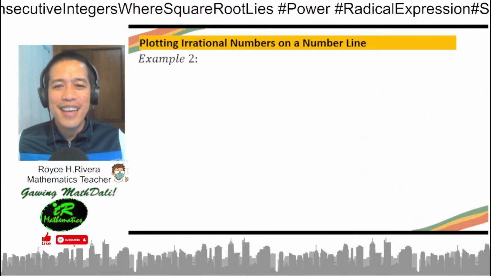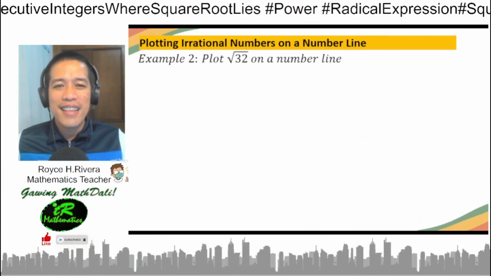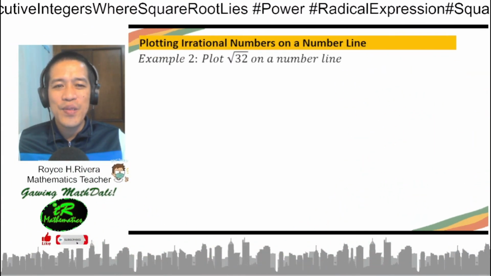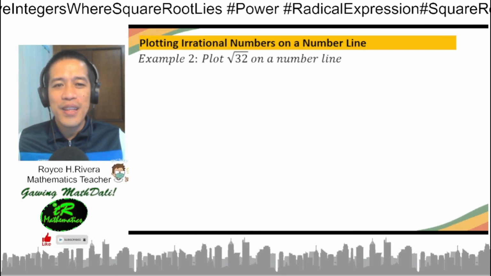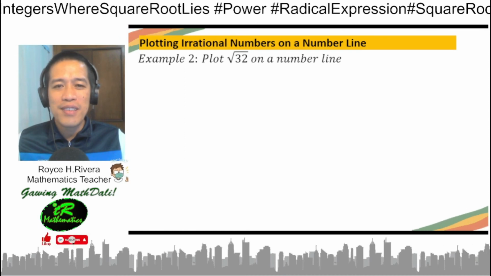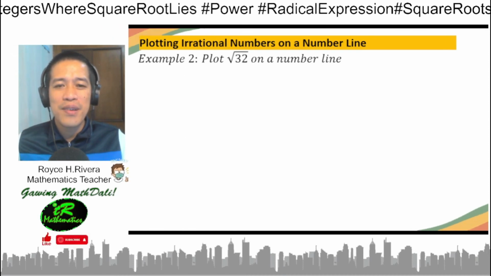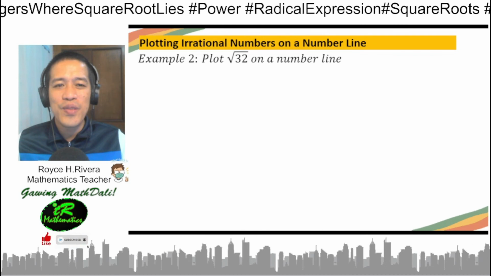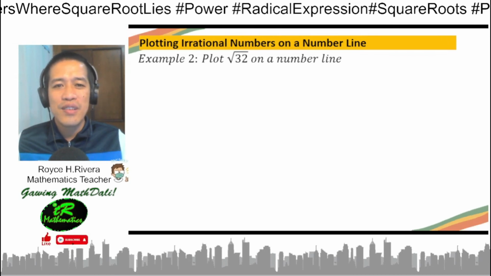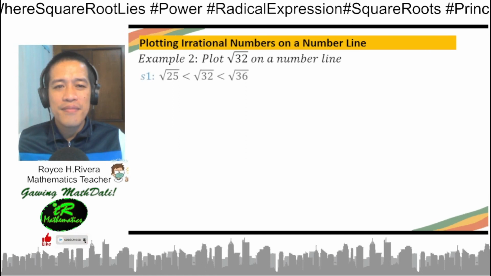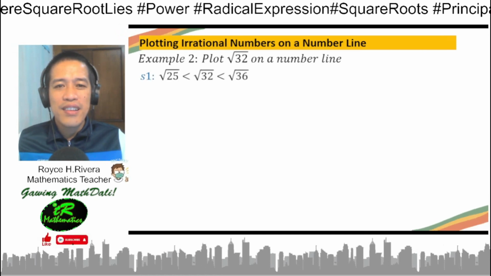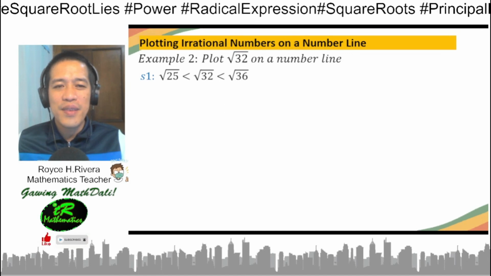Ito pa ang isang example. We plot the square root of 32 on a number line. So step 1, we look for the two perfect squares in radical form wherein the square root of 32 lies in between. So those perfect squares are the square root of 25 and the square root of 36.